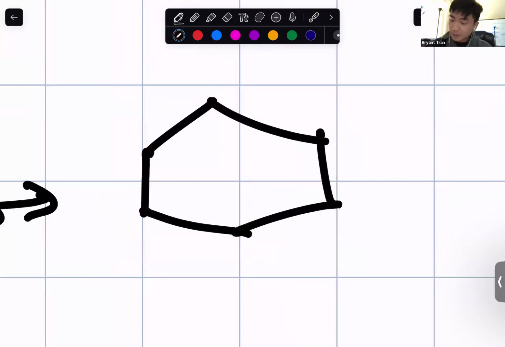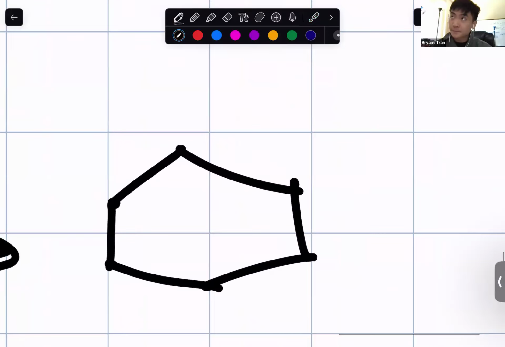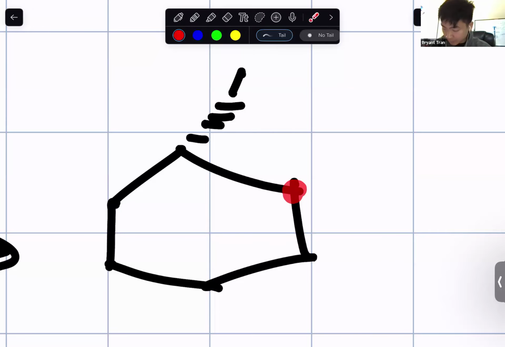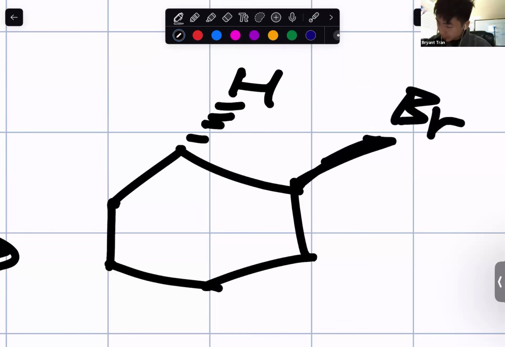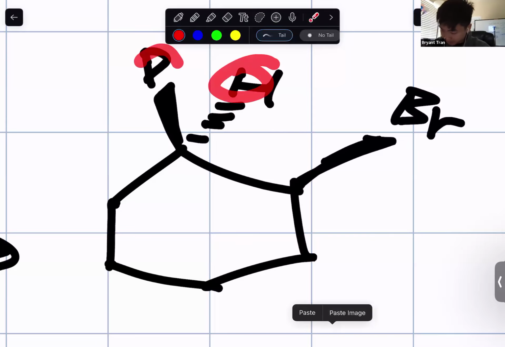So for example, let's say this is a hydrogen. If we're trying to make this carbon here the highest priority group, let's say this is hydrogen, and let's say this is a bromine. And if we want this to be the highest group, then this has to be, let's say, deuterium, which is an isotope of hydrogen.